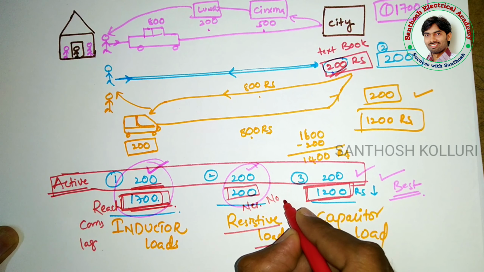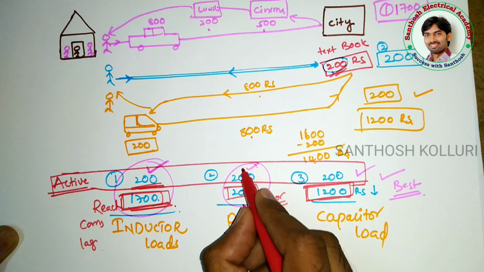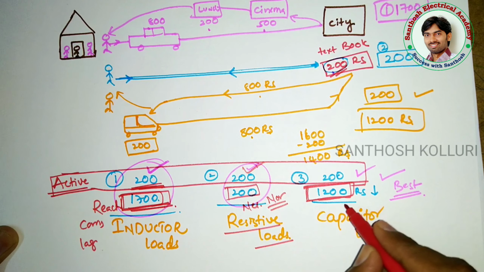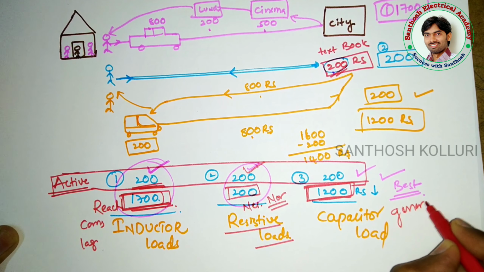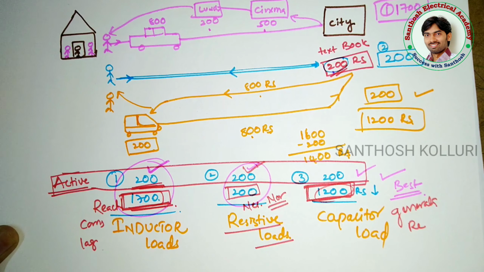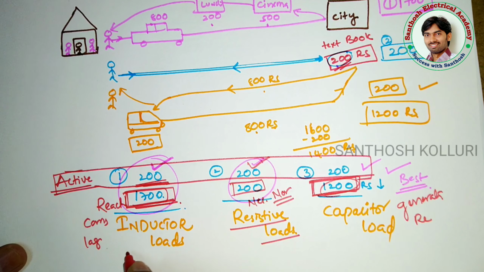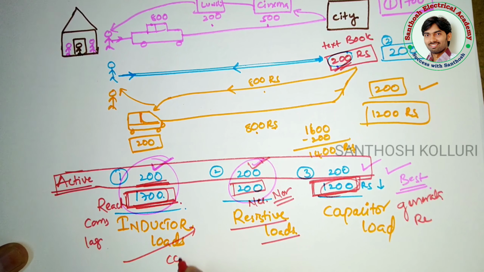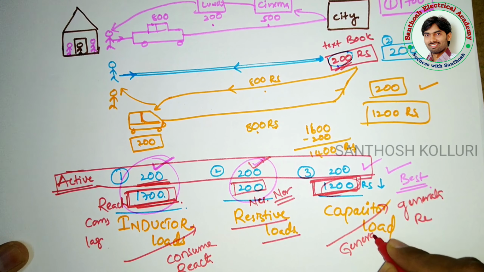It is just consuming the active power. In the capacitor load, it is generating reactive power, 1200 here in this example. So when you use inductive loads, you consume reactive power, and when you use capacitive loads, you generate reactive power.